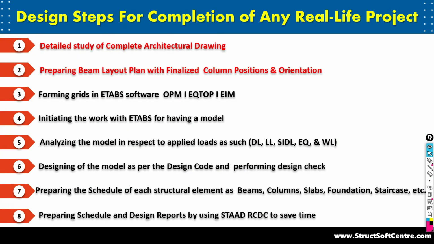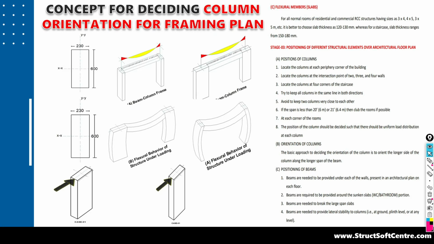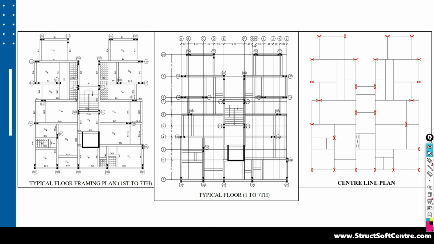And in the second stage, you need to prepare your structural framing plan. You need to prepare this before going to the ETABS software. Before entering the ETABS software, you first need to prepare the structural framing plan. It is the skeleton of your structure, as our human body is based on a skeleton.